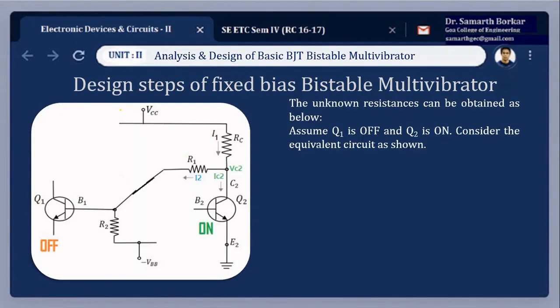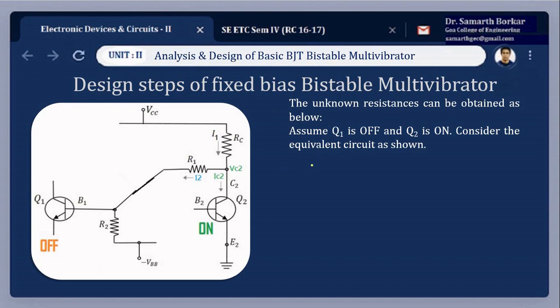So now let us try to understand the design steps of fixed bias bistable multivibrator. The entire idea here is to find out the unknown resistances, for which we have to start with an assumption, and let us assume Q1 is off and Q2 is on. So refer to this circuit diagram. You can make out the transistor Q2 is on and Q1 is off. So here is the equivalent circuit.